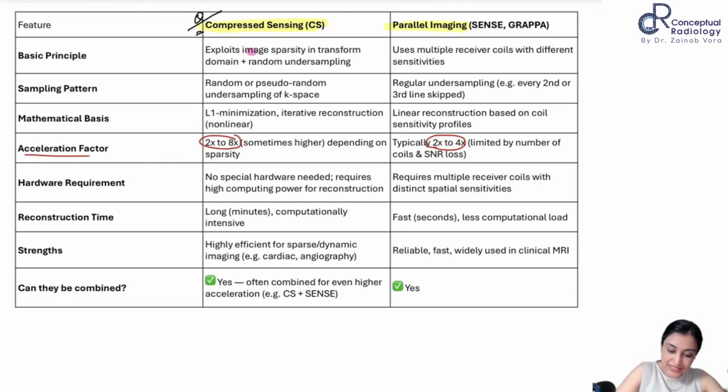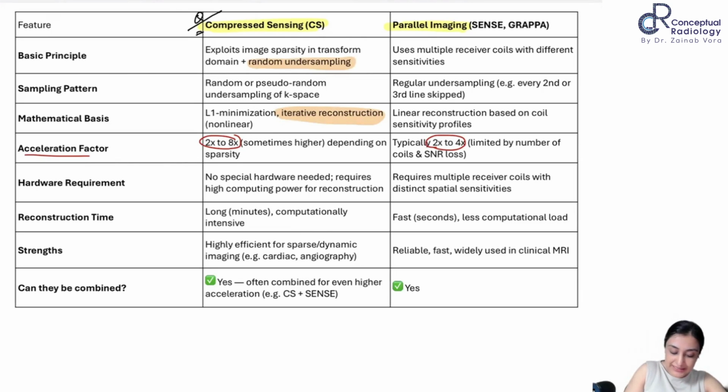Okay, so this is what exploits this image sparsity with undersampling. What I understood from this is that this is where you are undersampling the data, and then the same term you will use in CT also, right? Iterative reconstruction. Iterative just means intelligent, right? So the machine uses its own intelligence and reconstructs the missing undersampled data. So that is what is needed.